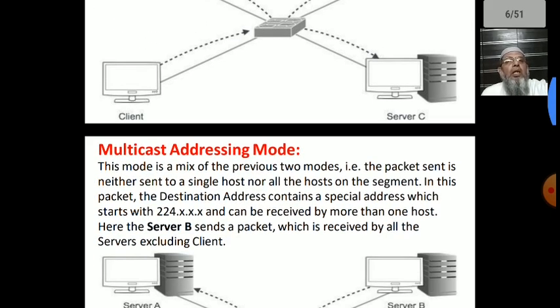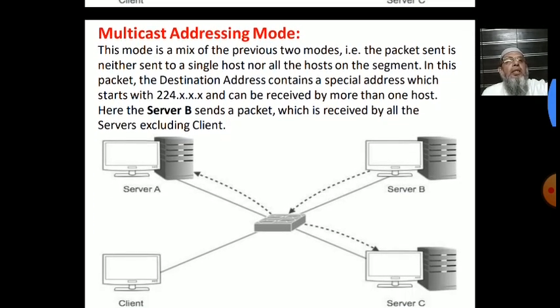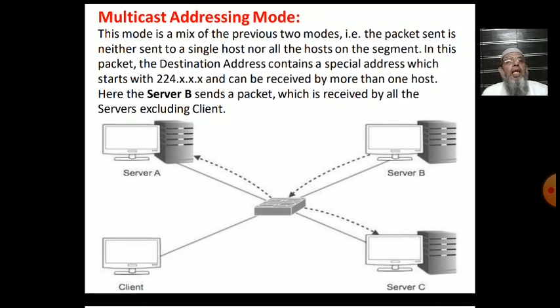Third one is the multicast addressing mode. In this addressing mode, there are three servers and one client. Server B is communicating with server A and server C, not with the client. So this is not unicast and not broadcast, but a combination of both.